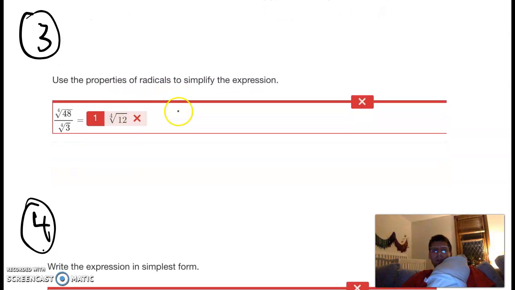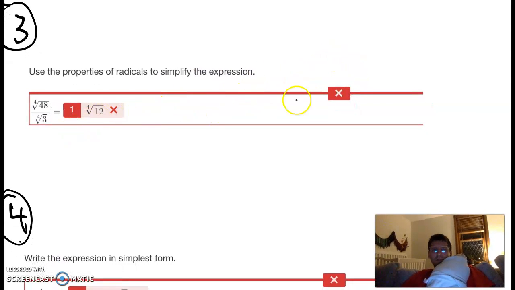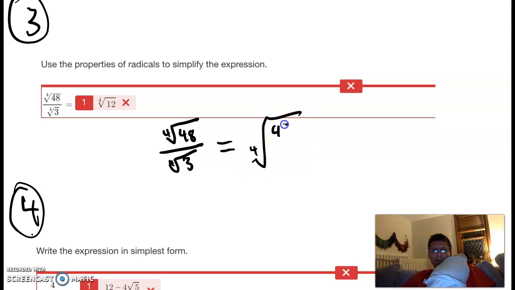Using the properties of radicals to simplify this expression. I have the 4th root of 48 over the 4th root of 3. Since they're both 4th roots, I can divide, so I get the 4th root of 48 over 3.